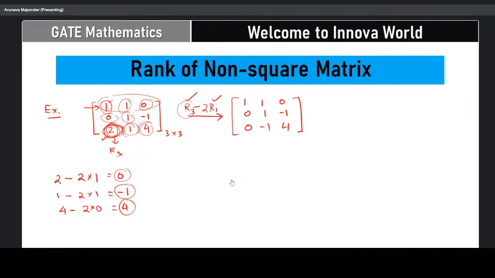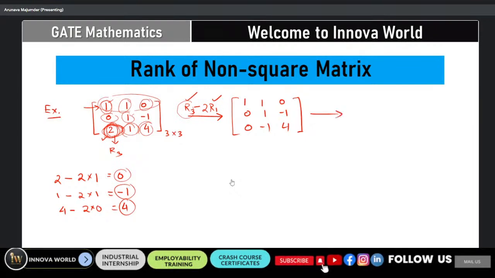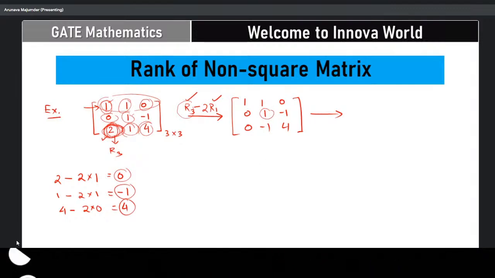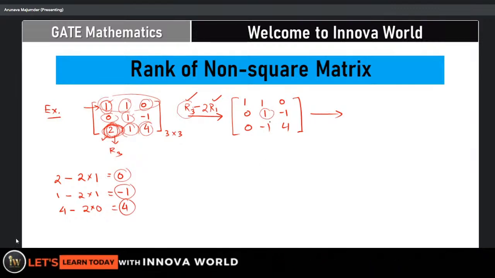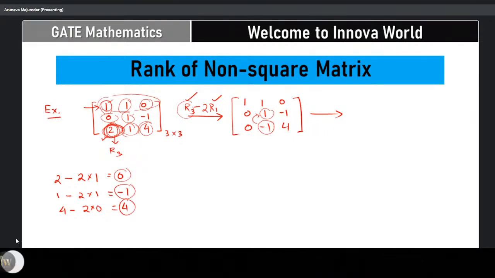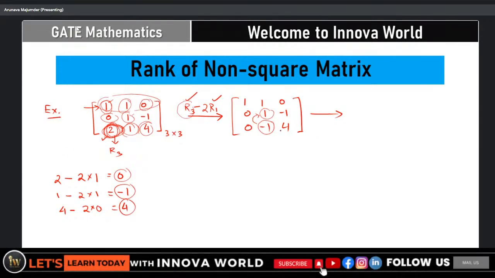Okay, now second operation. You can see that this diagonal element is already 1, so no need to change. Now what do we need to change? This element should become 0 with respect to the second row, that is row 2. So what operation can we perform here? The row we are going to change is row 3.